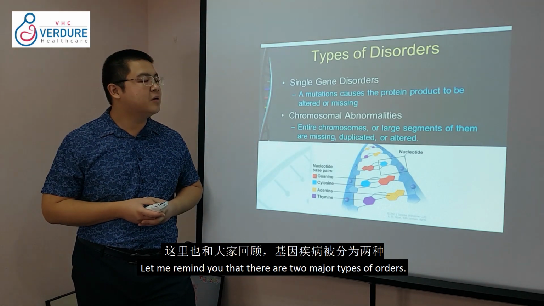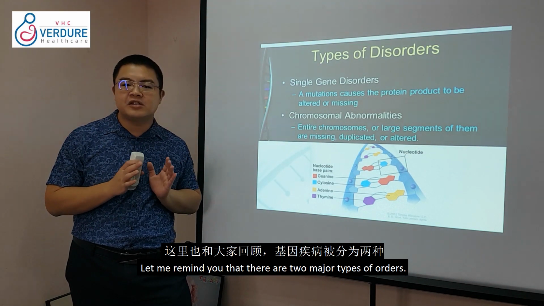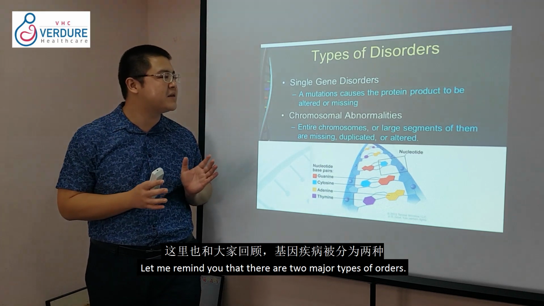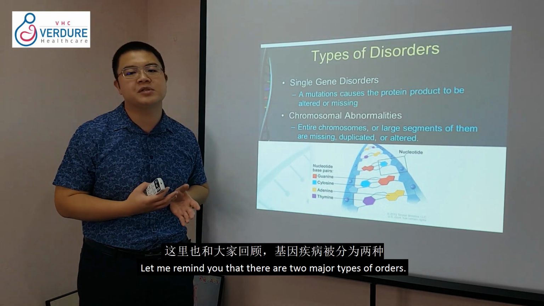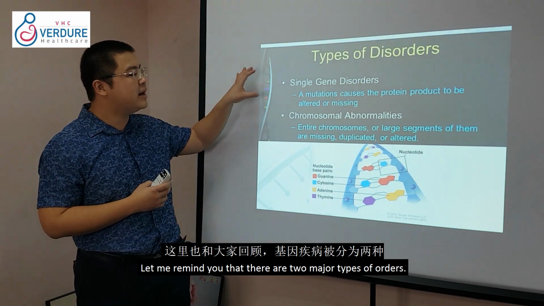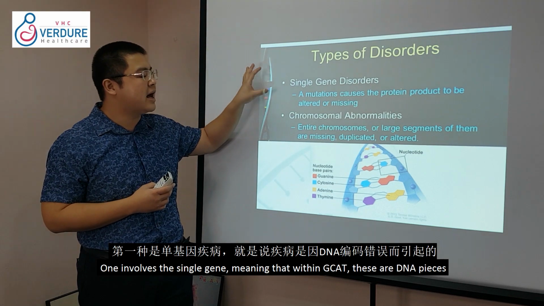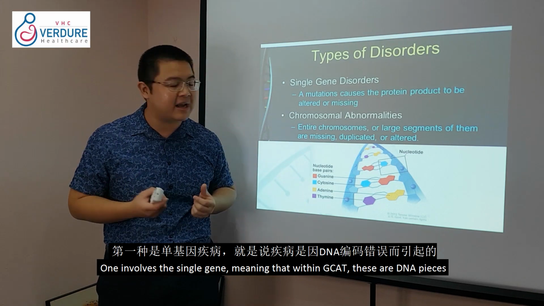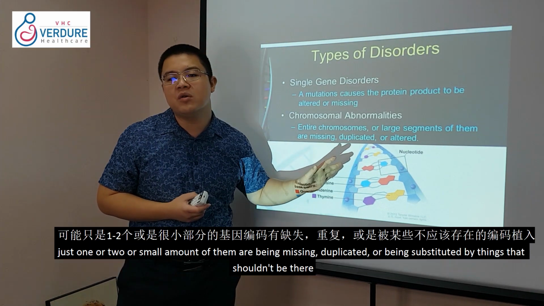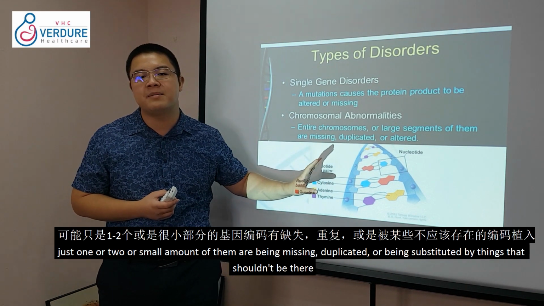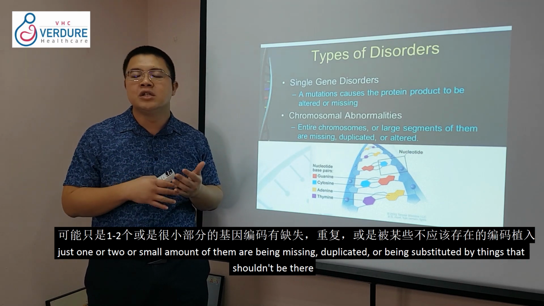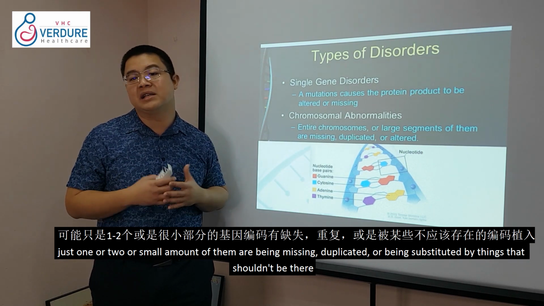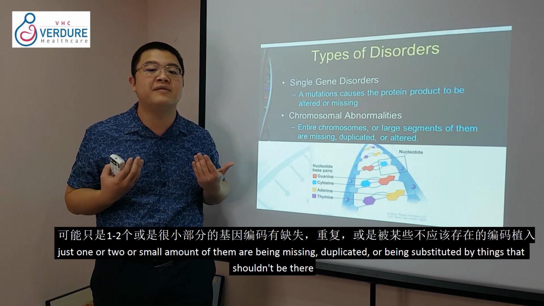Before we get into diseases, let me remind you that there are 2 major types of genetic disorders. One involves a single gene, meaning, for example, within G, C, A, T, just 1 or 2 or a really small number of these DNA pieces are missing, duplicated, or substituted by something that shouldn't be there.